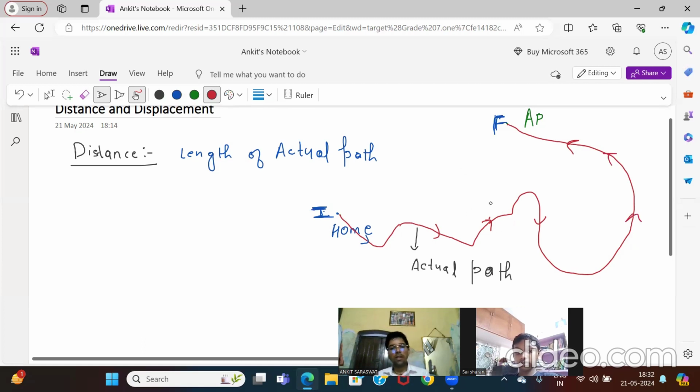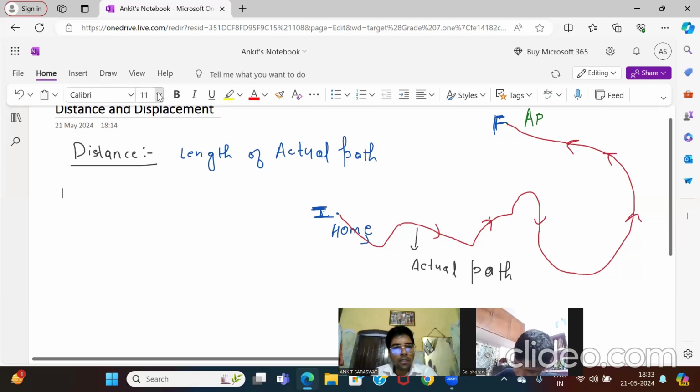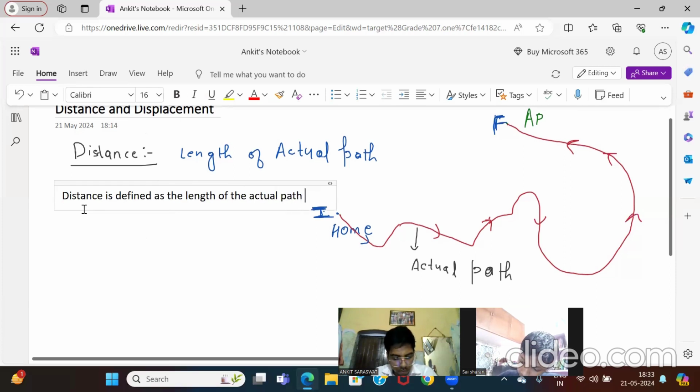So you can write the definition also. Distance is defined as the length of actual path covered by a particle.